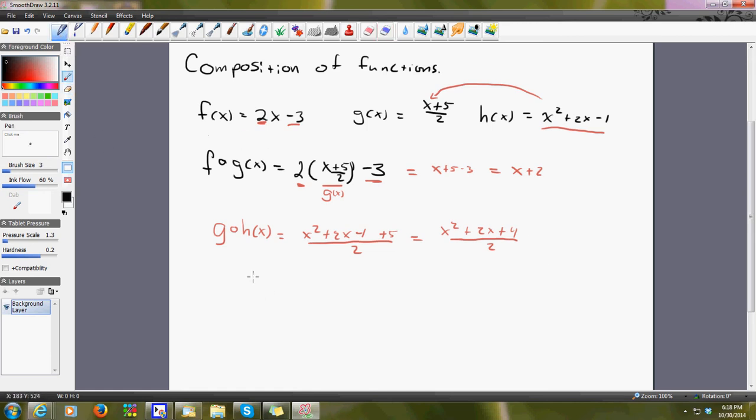Now, there is a difference. If you go h of g of x, you get something that's not particularly nice. I'm going to take g of x, and I'm going to plug it into the function h wherever I see an x.